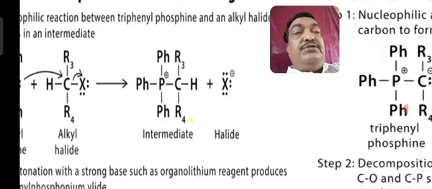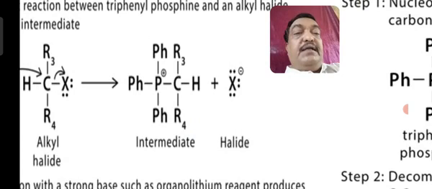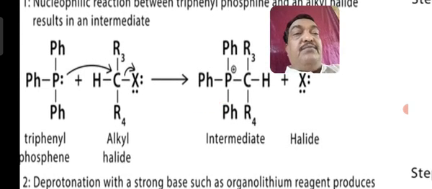So this is the method by which one can synthesize the intermediate compound ylide, that is triphenyl phosphonium ylide.